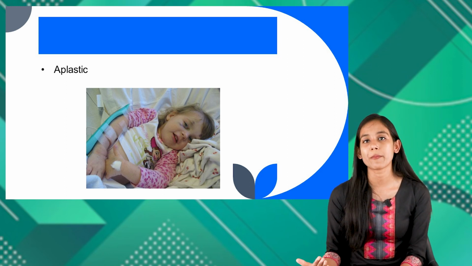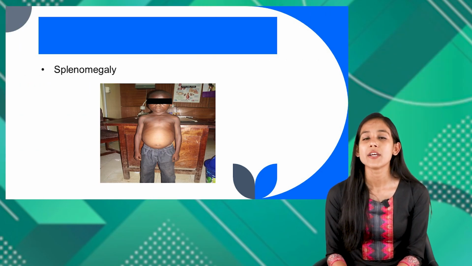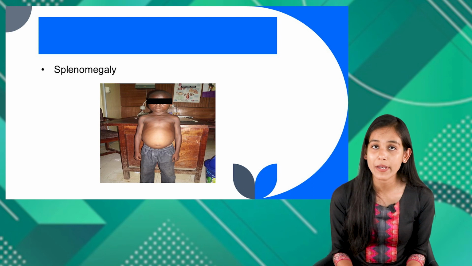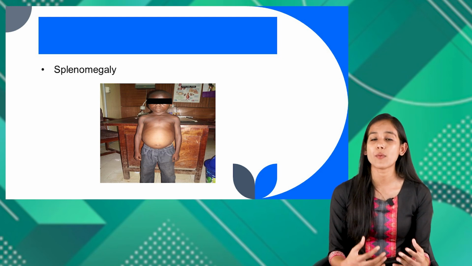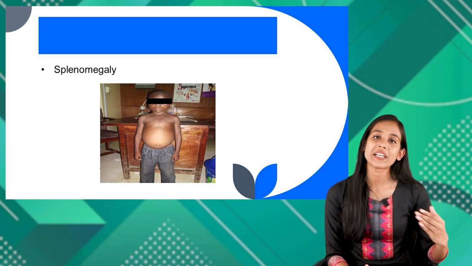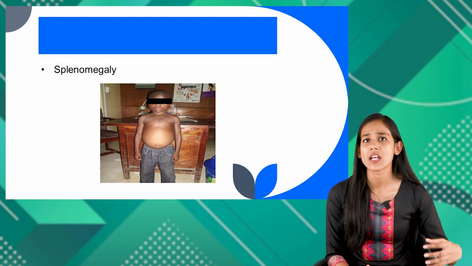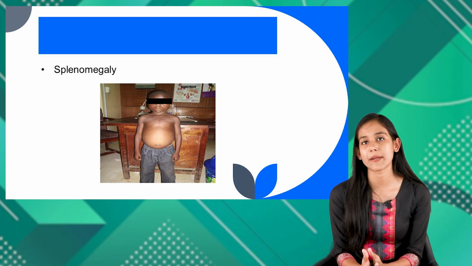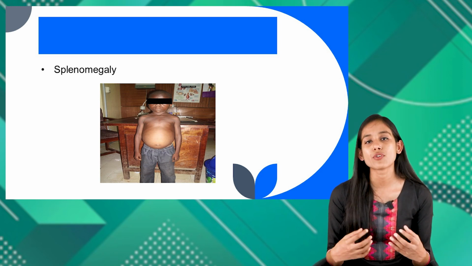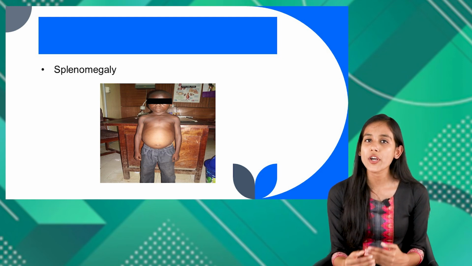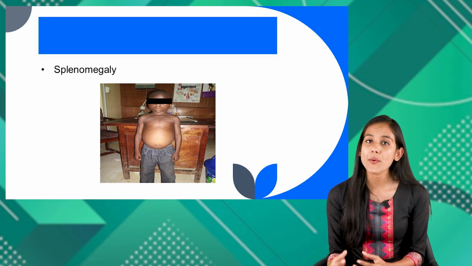Also, there would be splenomegaly. Now, why splenomegaly? Because we already learned that the spleen would filter the blood, because our body doesn't want these unhealthy RBCs, which would not meet the requirements, right? These unhealthy sickle shaped RBCs would not provide oxygen to the tissues and the organs, right? So our body would try to reject them. And how would it reject them?